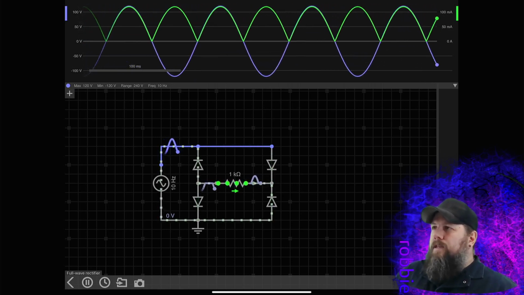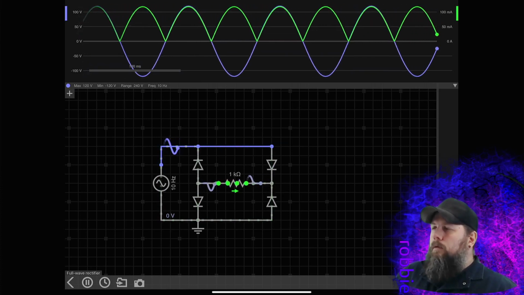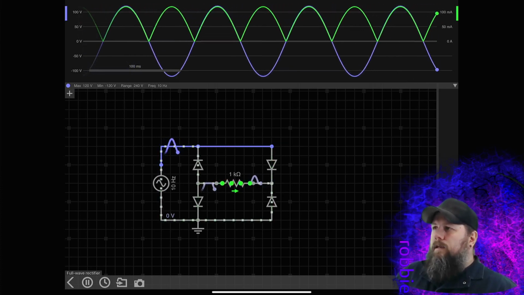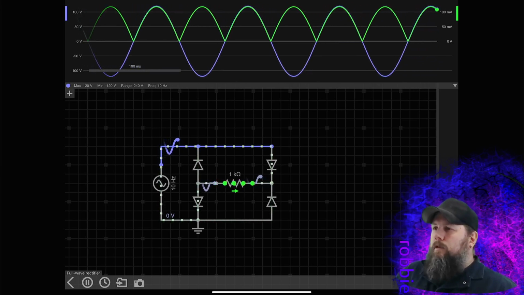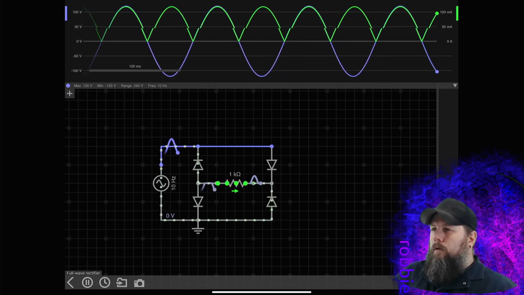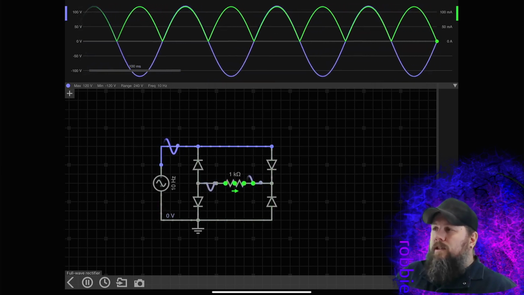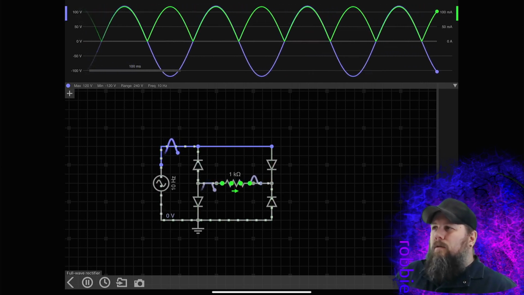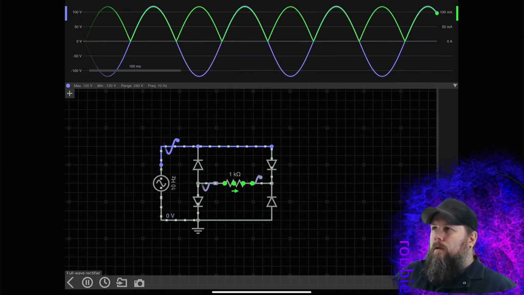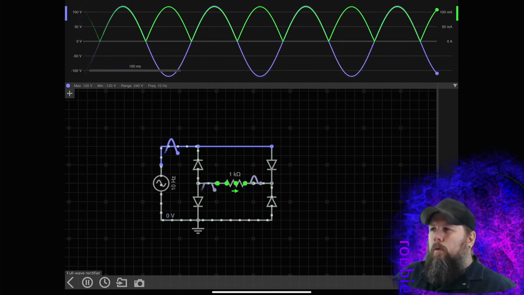But every time it goes under 0, instead of starting to pull, it keeps pushing. So if you look at what's going on that load, that resistor is representing our load, it's always going in one direction. So it is DC. Now it's not going in one direction real smooth, but it never goes across that 0 point. So it's never pulling.